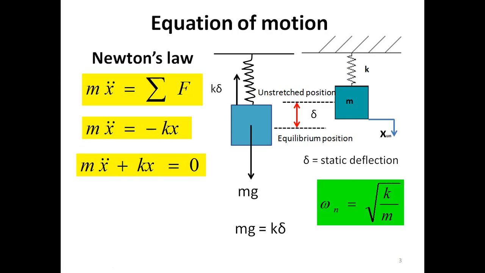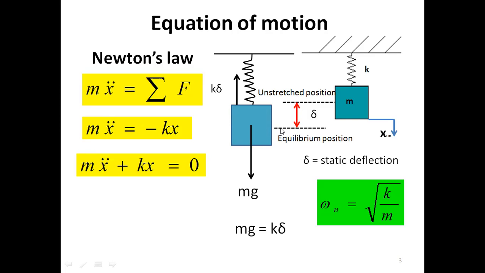With the passage of time, the amplitude of vibration would decrease, and then after some time, because of the losses, the system would come to rest, and we call that the equilibrium position. The system would be in equilibrium again.